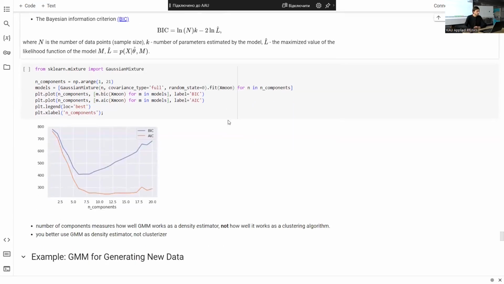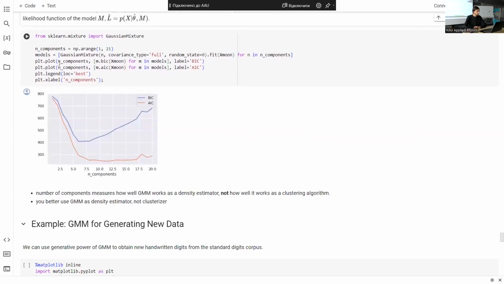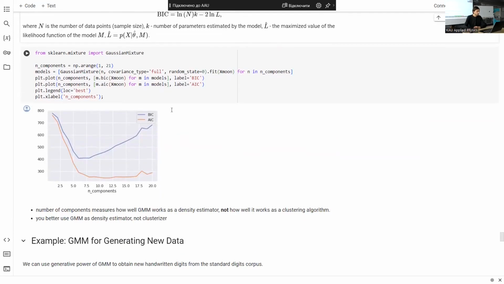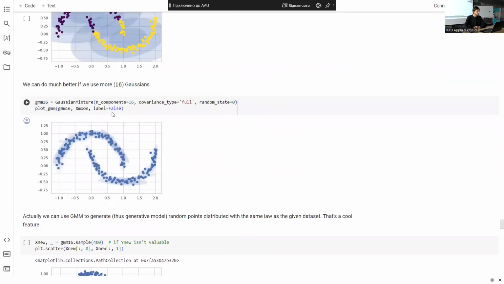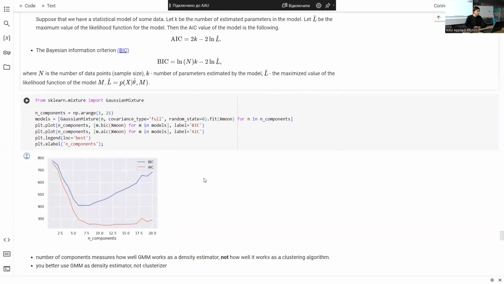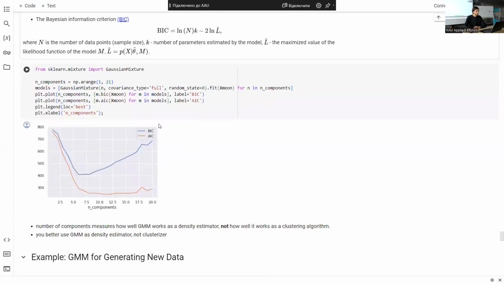So here is the plot for you. I have this data set with half moons, so this is the data set. And I'm trying to estimate BIC and AIC for this data set with my Gaussian mixture models. So here is how it's done.